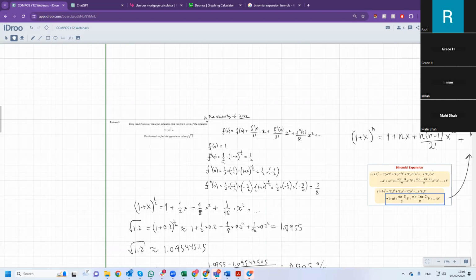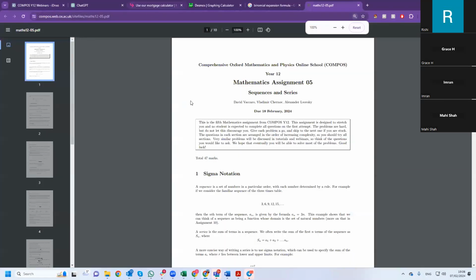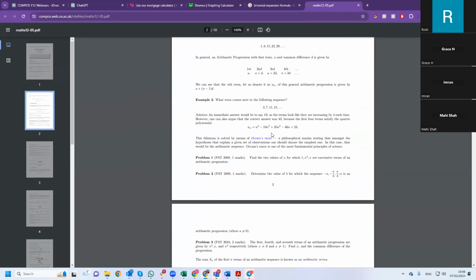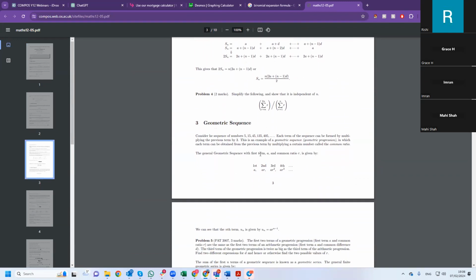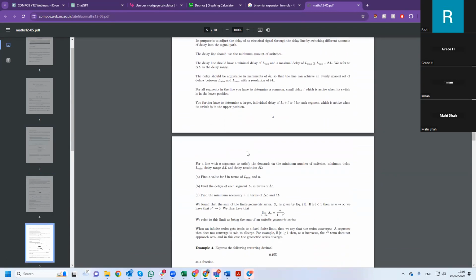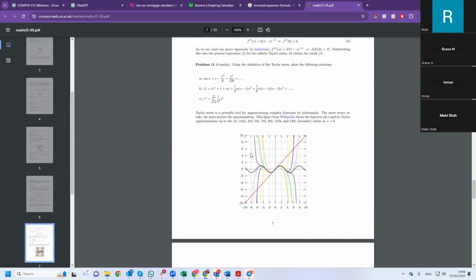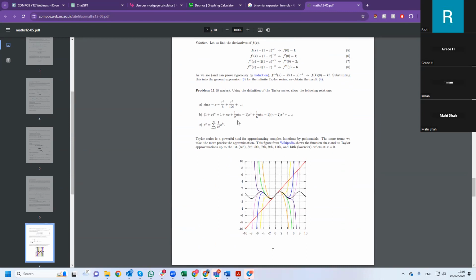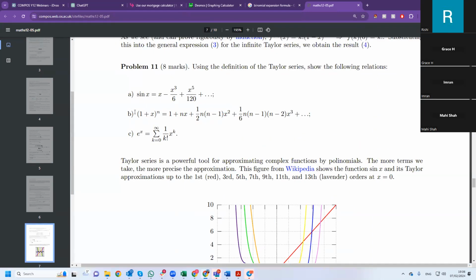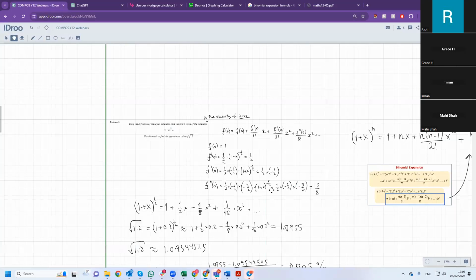So it's Maths 1205, and here it is, problem 11. You actually need to prove that formula using the definition of the Taylor series.